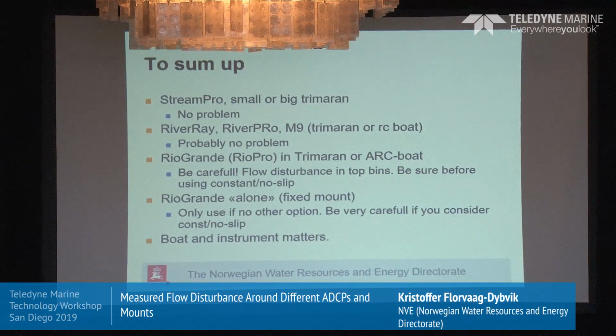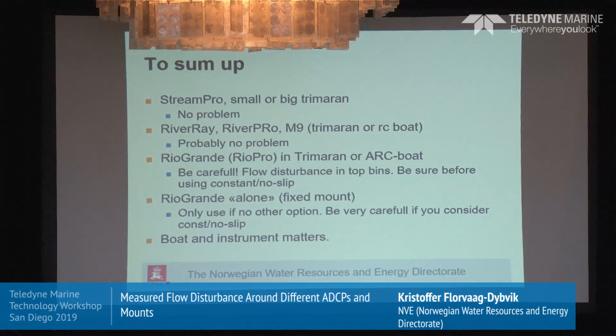So to sum up, like I just said, StreamPro is fine. The River Ray, the River Pro, and an M9 on either a trimaran or the remote control boat are probably okay. With the RioGrande or RioPro in a trimaran or an Arc boat, be careful. Don't go with what Extrap says unless you are really certain that it shall be constant at the top, because there is definitely a backbend on the velocity profile using that.